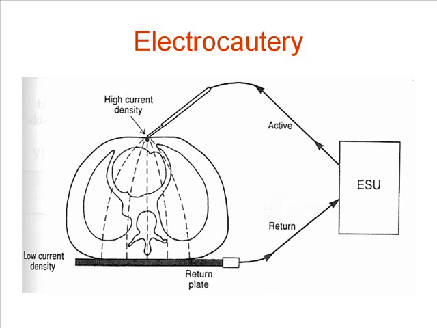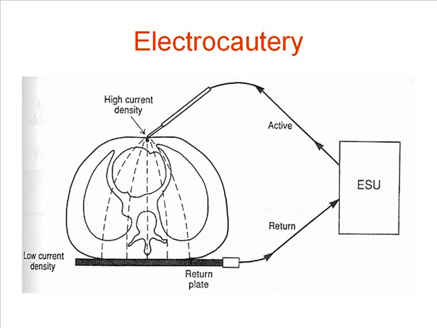And the idea is that at the source where the electrocautery is occurring, there is a high degree of electrical current, radio frequency current, that can either cut tissue or coagulate tissue depending on the waveform. And this current passes through a return plate, and at the return plate you have low current density. And so you get burns where there's high current density, and where there's low current density you have no burns. And that's the concept of electrocautery in a nutshell.